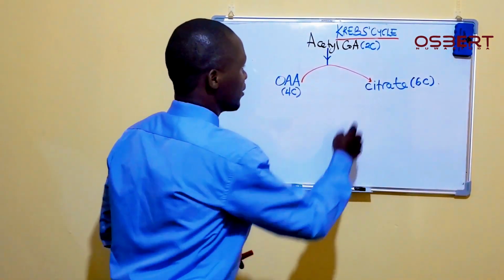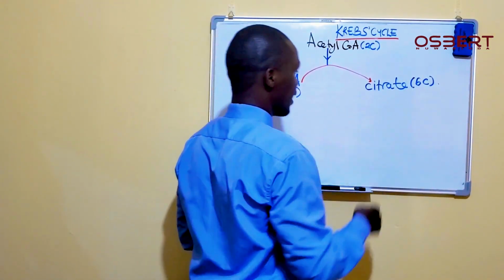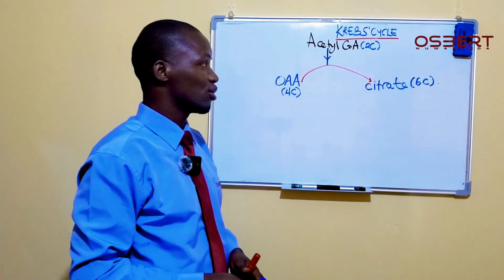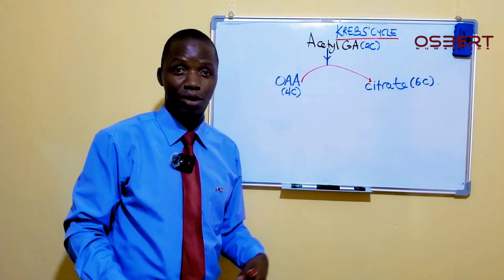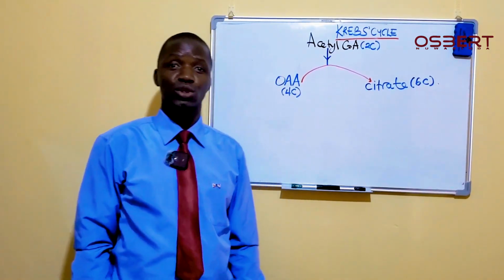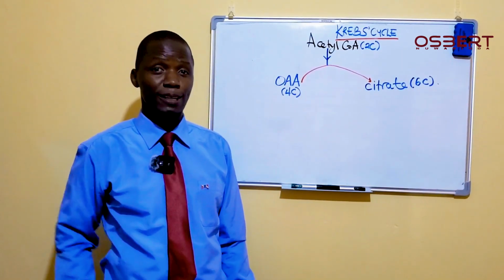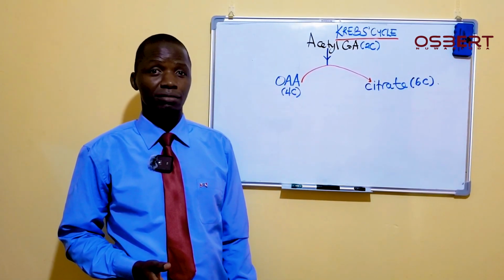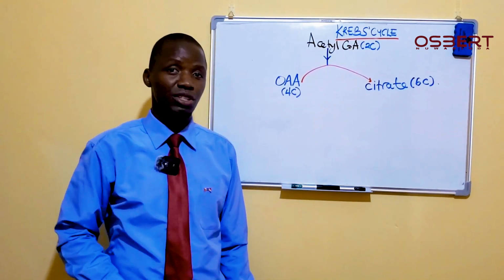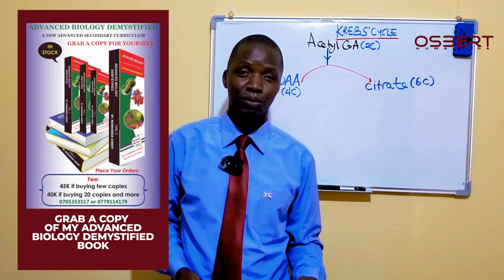So after having formed this, the citric acid undergoes other reactions to form other molecules, other intermediates. However, because our major aim is to make biology easy, and not to cram these names which seem to be complicated, let me give you a small formula that you can follow.